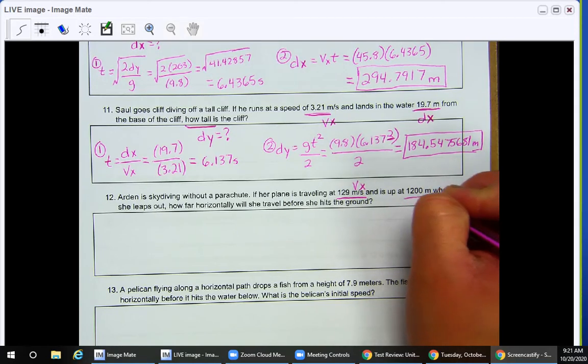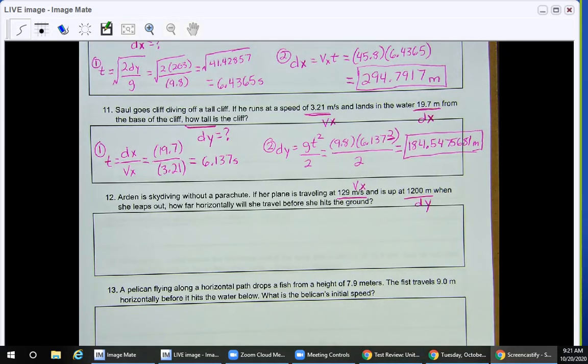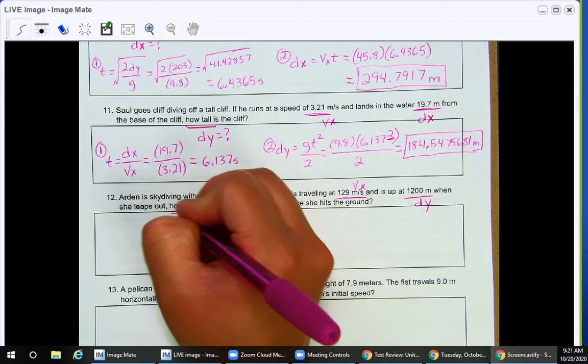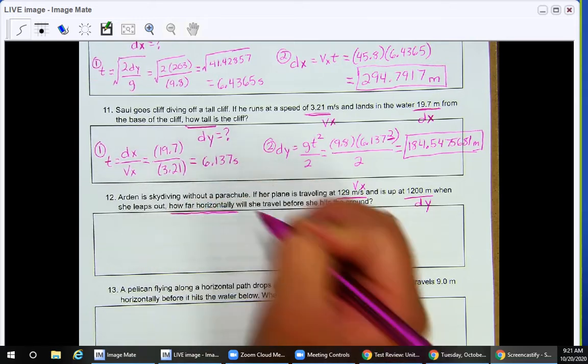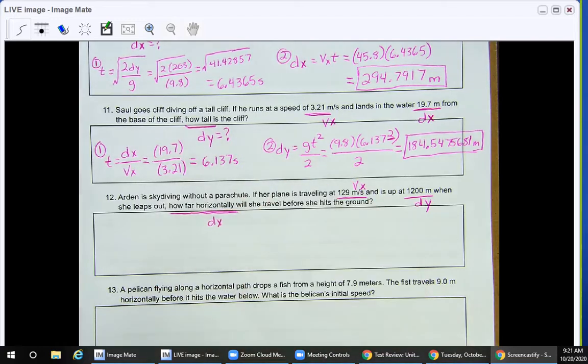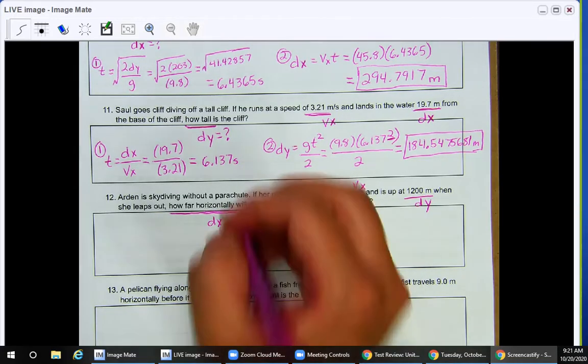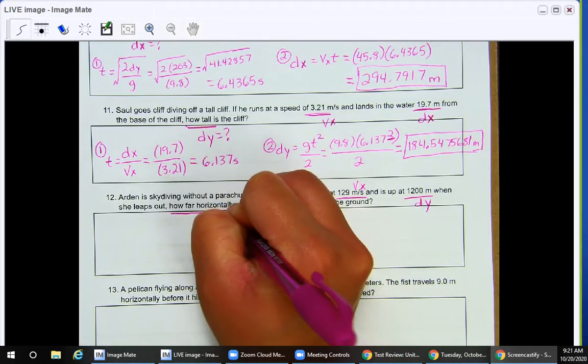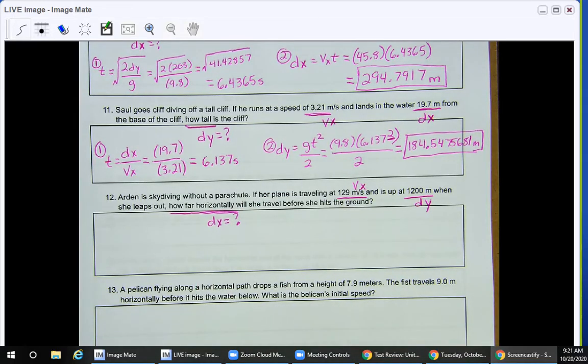She's up at 1,200 meters. Up's vertical, so that's our dy. We want to know how far horizontally she travels. So horizontally is our dx.